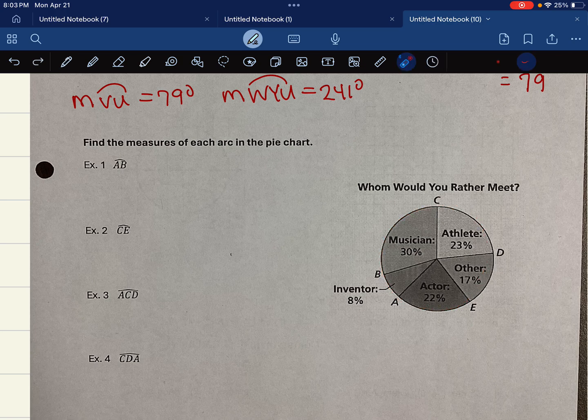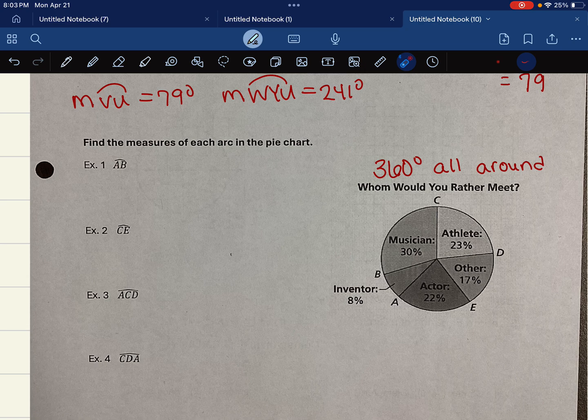Now, just as a reminder, when we do a whole circle, it's 360 degrees all around your circle. So if we want to find the degree measure, we can take whatever percent this is of what it's asking us for, which is that percent of 360, to find the measure of each arc.